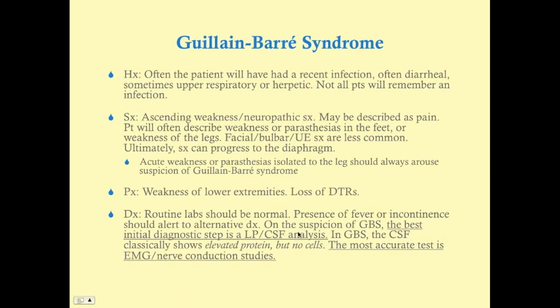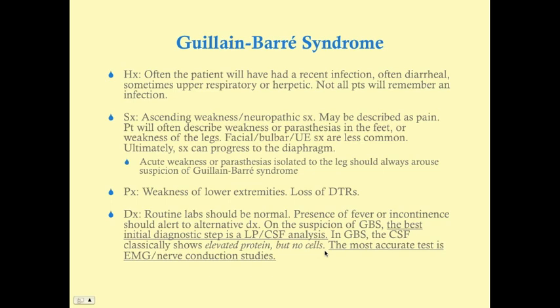And on the suspicion of Guillain-Barré syndrome, as mentioned, the initial diagnostic step is a CSF analysis. What are we looking for? We're looking for the classic CSF presentation of Guillain-Barré syndrome, which you should have ingrained in your mind: elevated protein and no cells. We often see elevated protein in the CSF if, for instance, you have meningitis, but in that case, we would also see cells.